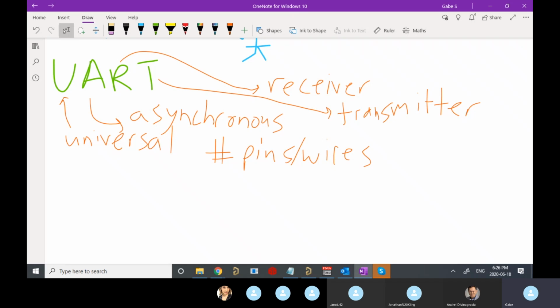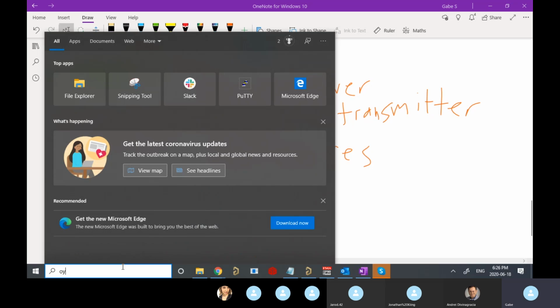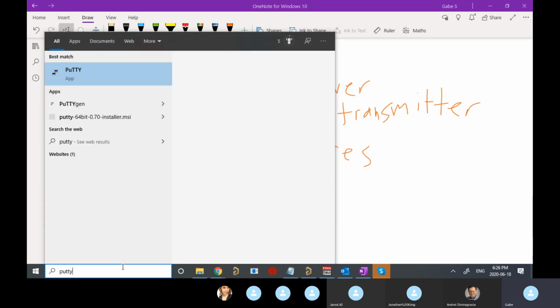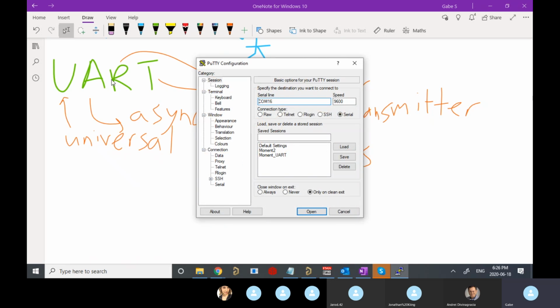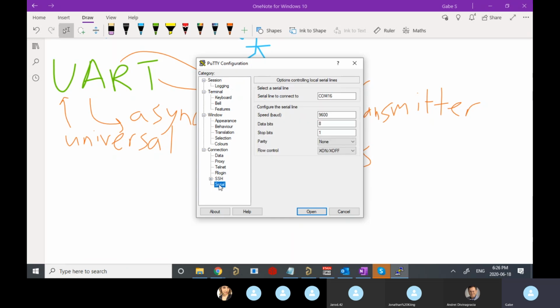So like something on maybe your Arduino serial viewer, or something like PuTTY or Hyperterm. If you open it up, I can open up one here now. So if I open up PuTTY, this is just software you can download online. And it'll open, for example, a serial terminal. So there are a whole bunch of different ones, but we're looking at serial today.